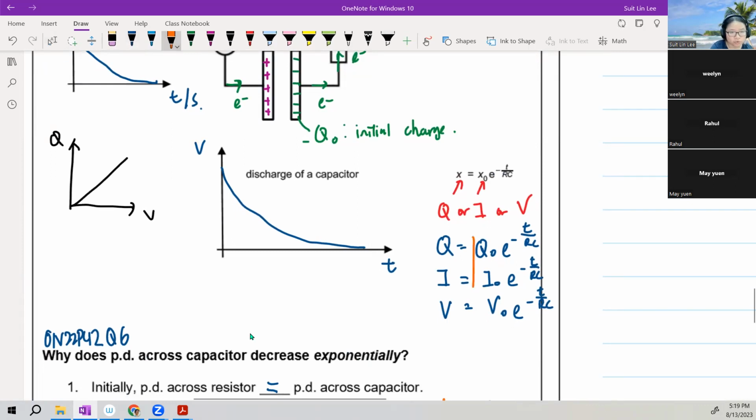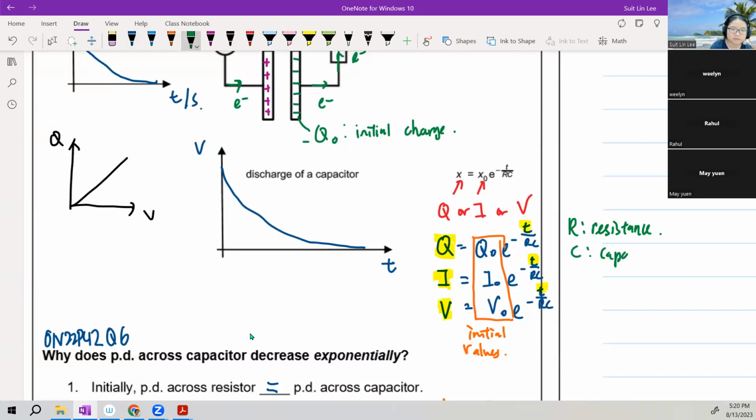Everything in this row are initial values. The variables are obviously your charge and your time, or your current and your time, your voltage and your time. R is the resistance in series with the capacitor. C is the capacitance.